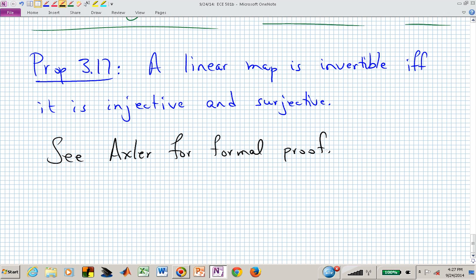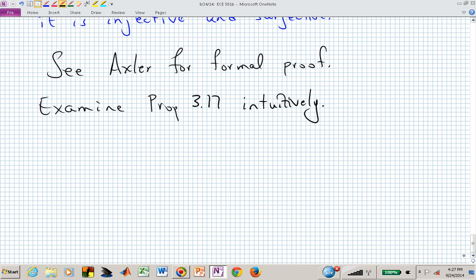What I would like to do is examine this proposition from a more intuitive perspective. Examine proposition 3.17 intuitively.